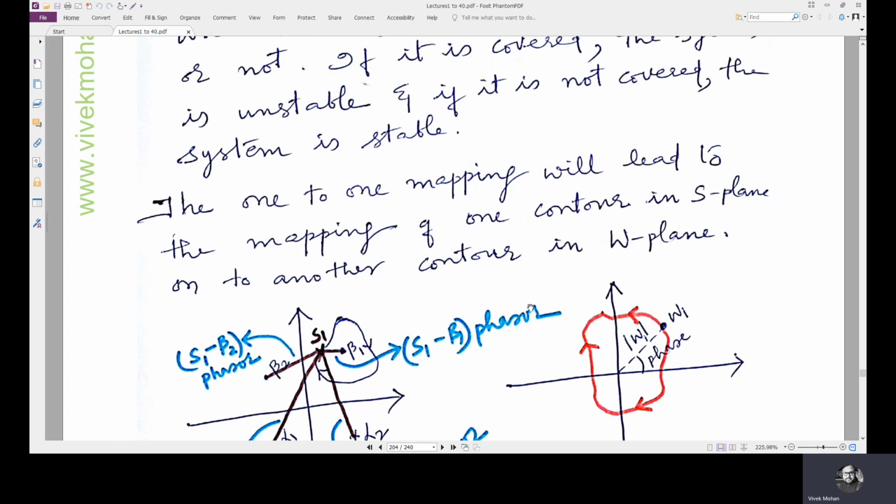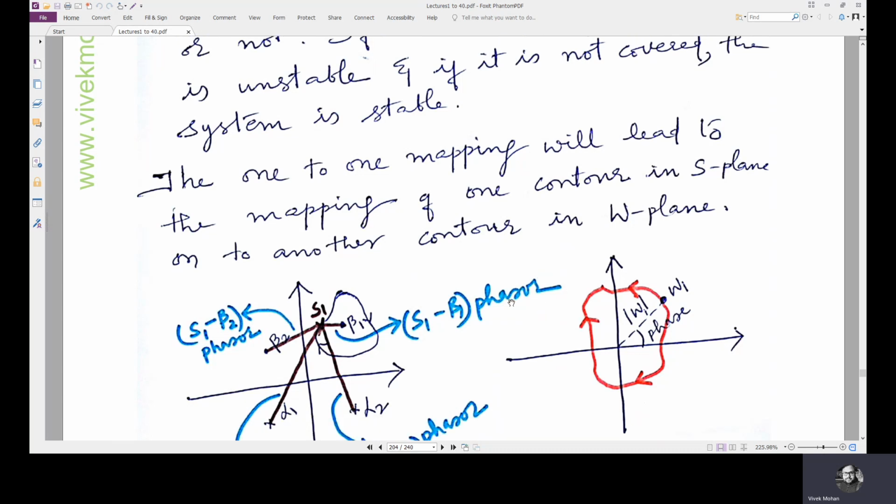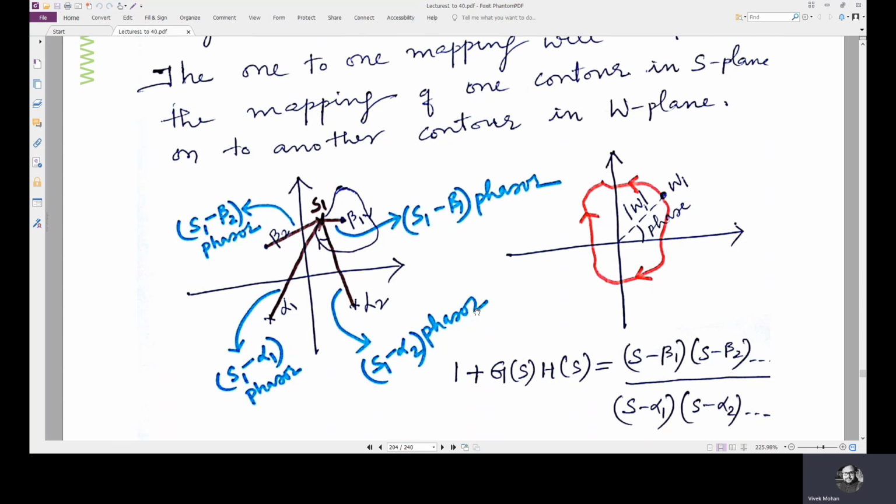The one-to-one mapping will lead to the mapping of one contour in the S plane onto another contour in the W plane. We will see, rather than mapping a specific point on the S plane to the W plane, if we have a contour, you see here we have a contour. This is a contour in the S plane.